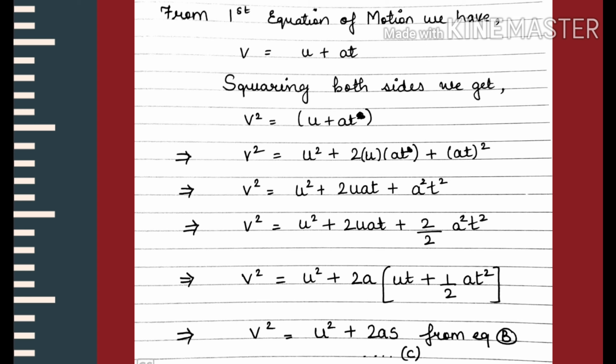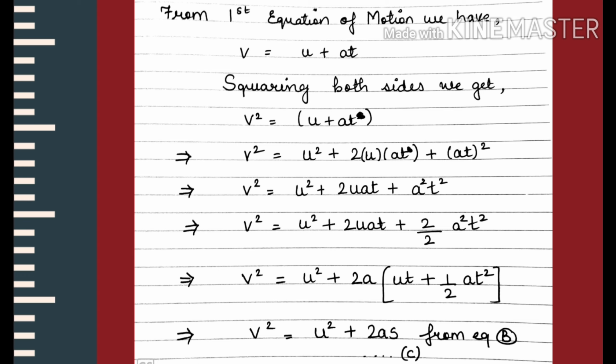Now here what we are doing is dividing and multiplying by 2, so there will be no effect on the given equation. We are using this just to simplify the equation so that we can derive the third equation of motion.